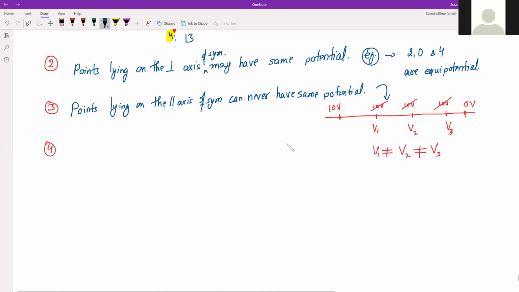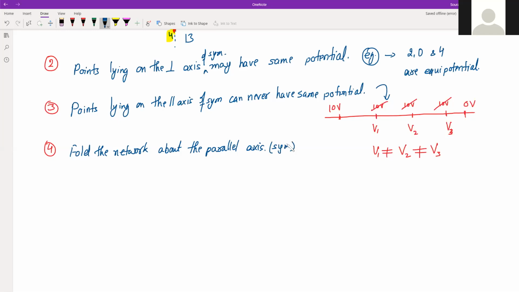what we are talking about is that the network can be folded about the parallel axis. So fold it. Because it is an axis of symmetry, if you fold it, both the parts will cover each other, right?